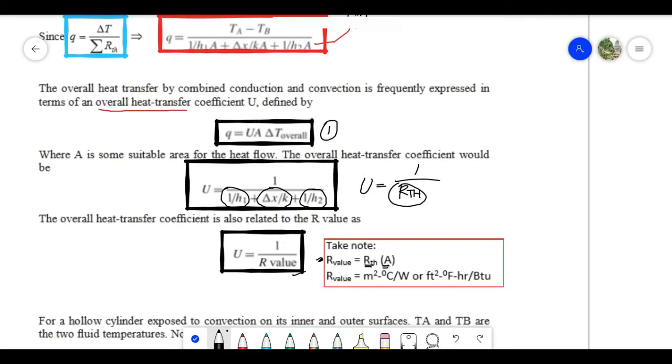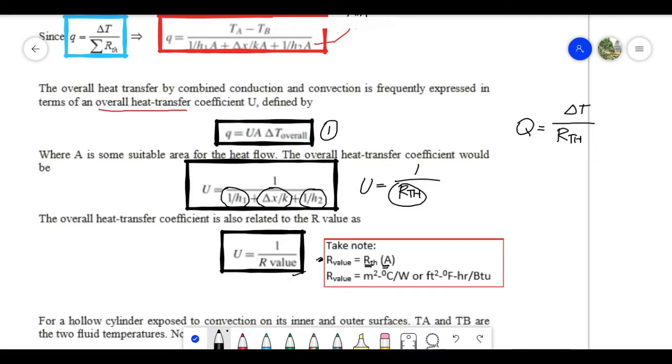So, kung substitute natin yung U dito sa ating equation, makikita natin na ang Q is equals to delta T over thermal resistance or total thermal resistance.